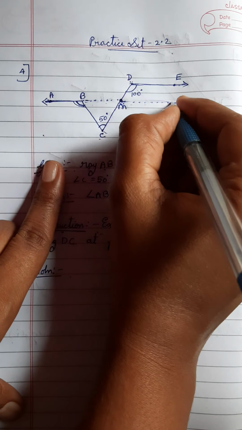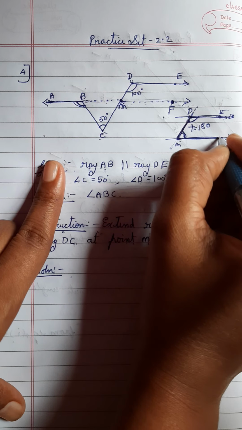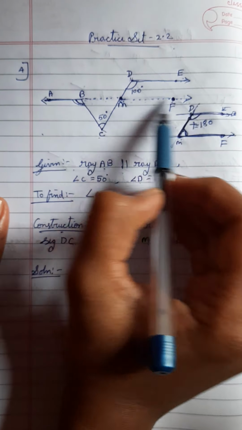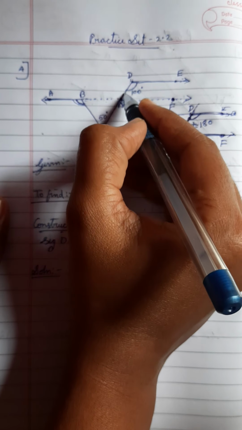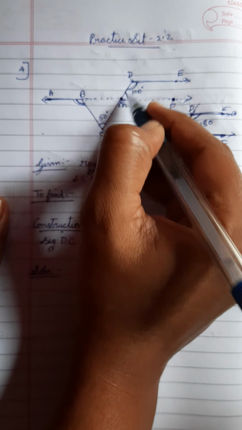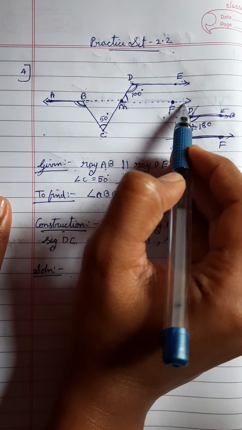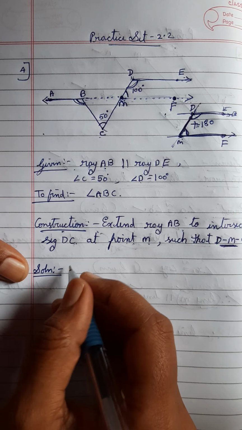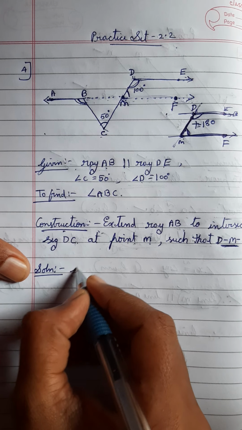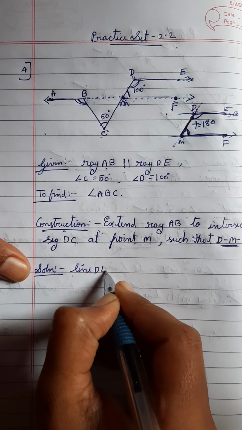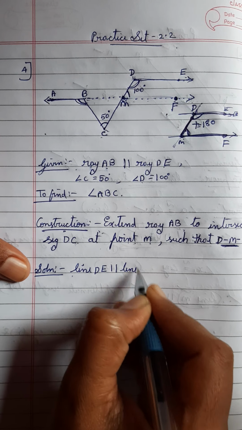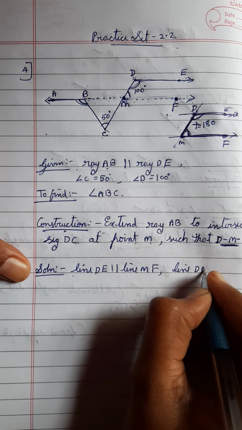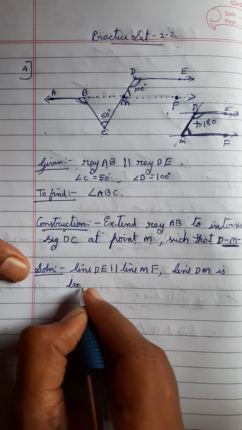One more point I will take here, that is F. So the solution starts by mentioning line DE is parallel to line MF and line DM is the transversal.